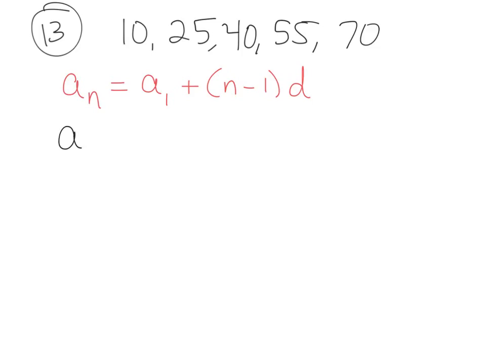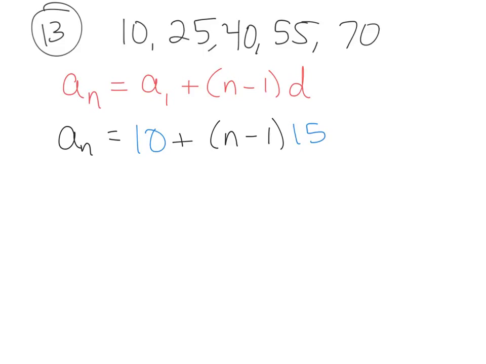So here I've got my a sub n equals, my a sub 1 is 10, and my difference, if you notice what's going on here, is I'm increasing by 15 every single time. So I'm going to have a 15 there.